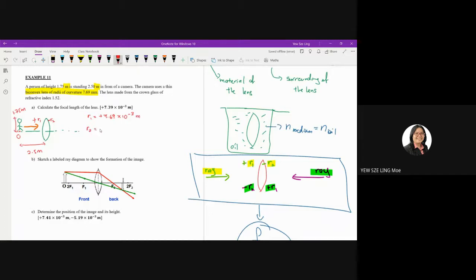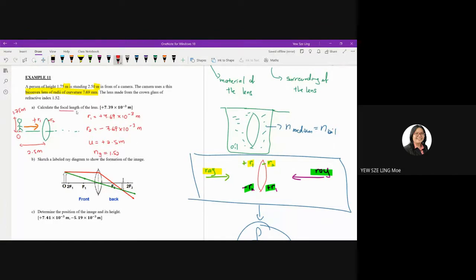R2 is equal to negative 7.69 times 10 to the power of negative 3 meter. Object distance U is equal to positive 2.5 meter. And what else is missing? N glass is equal to 1.52. So now I have all of them.